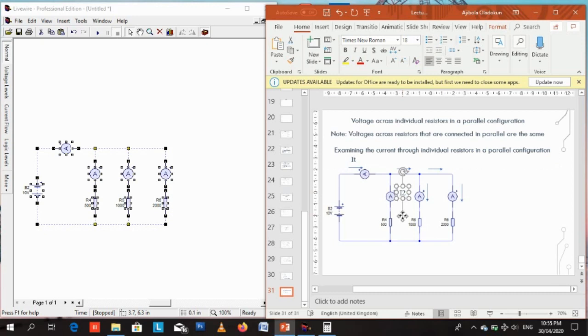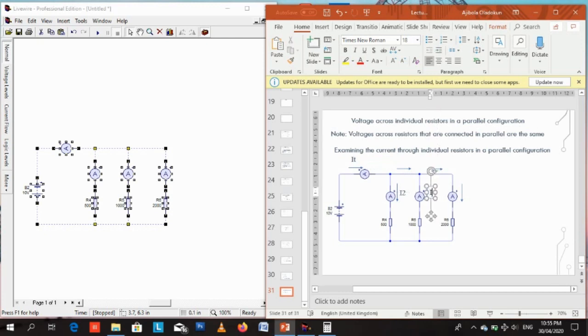One part is I2. I2 flows through the first resistor. Let's call the current going through the first resistor I2. The second resistor, let's call it I3. I3 is the current that flows through the second resistor.